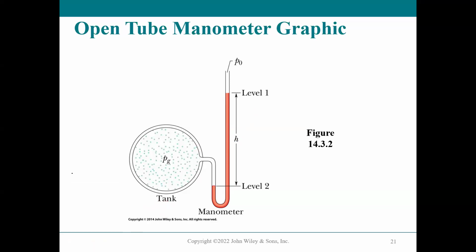So in this case, if we set, for example, y1 equal to 0, and y2 equal to minus h, this one is P2 equal to P, and so the gauge pressure of the gas will be P minus P0.